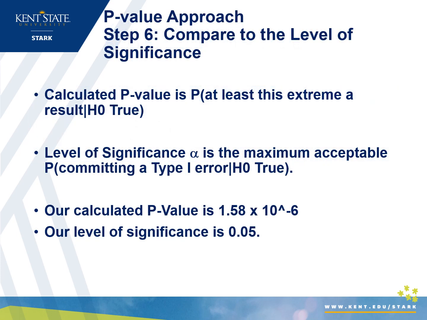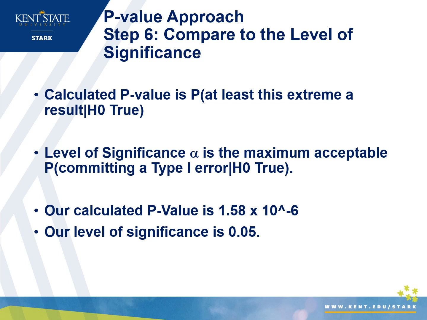Next step is to compare the calculated p-value with the level of significance. In our example, the calculated p-value is 1.58 times 10 to the negative 6th power. That is to say, we'd have a decimal place followed by 5 zeros and then 158. This is definitely smaller than the level of significance of 0.05.